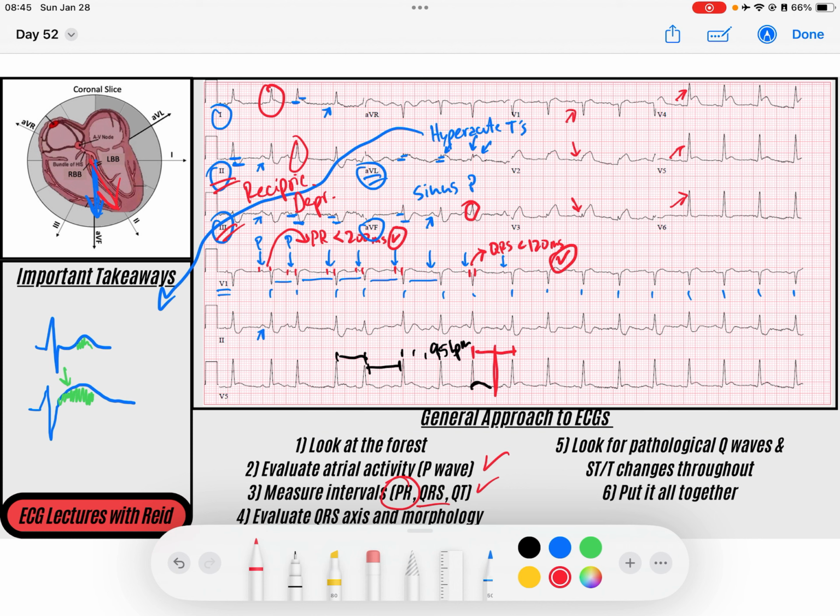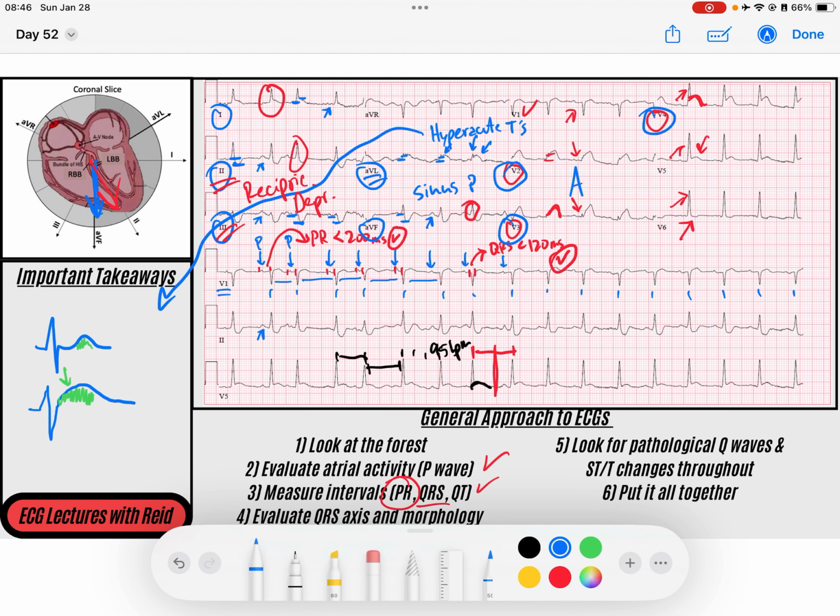I scan through the precordium now. Look at my septal leads, V1, I don't see much, but V2, we've got this elevation here. V3, we've got these elevations with hyperacute T waves compared to the QRS. In V4, you've got this significant elevation as well. V5, you have a little bit of residual, but V6 seems to go back to baseline. So we get the most elevation in V2, V3, V4.